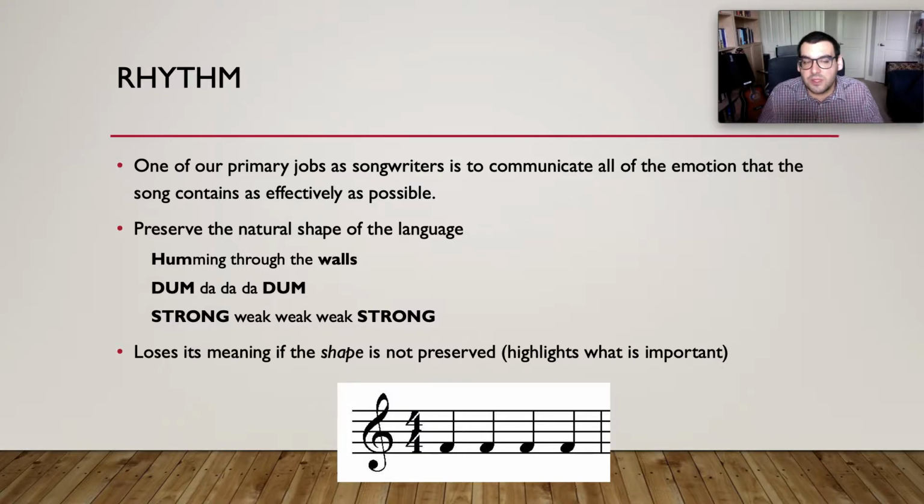But let's say we put the stress on the through and the M-I-N-G section. Humming through the walls. It just sounds wrong and it's not what we want to highlight. We want to highlight humming and walls. We don't care about through.